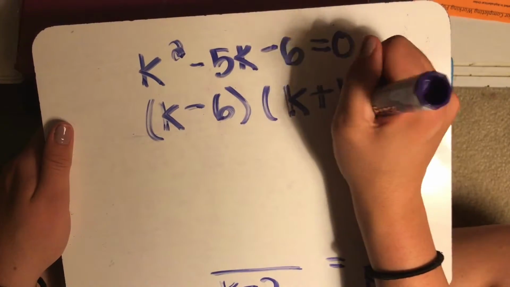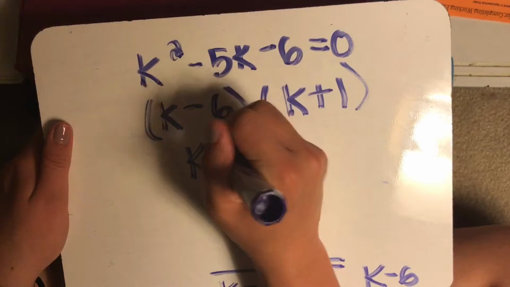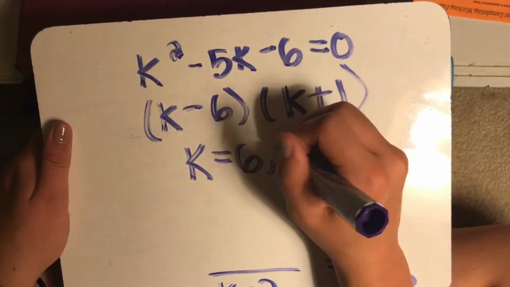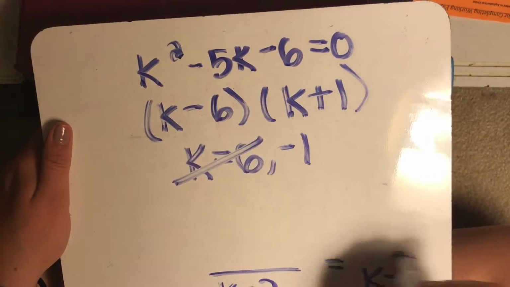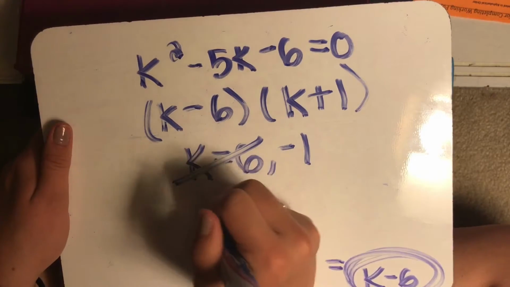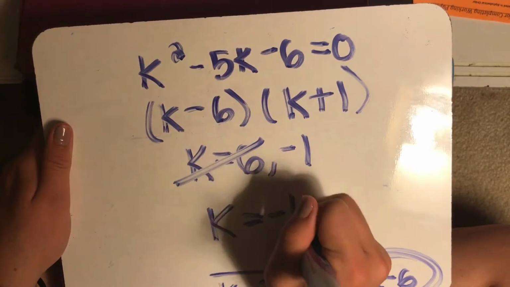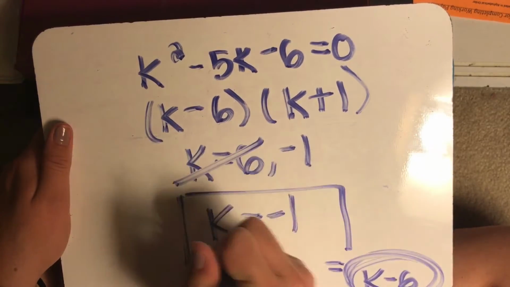When you're finished, you're going to end up with an answer of k equals positive 6 and k equals negative 1. But you cannot end up with an answer of 6 because if you plug 6 back in, you get 0 in the denominator, and that cannot happen. In the end, you're going to end up with an answer of k equals negative 1.